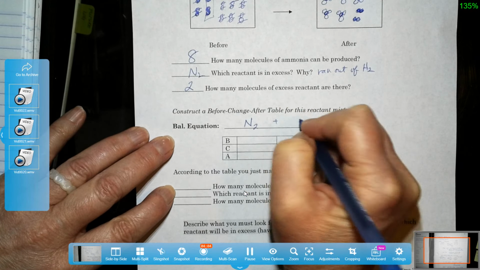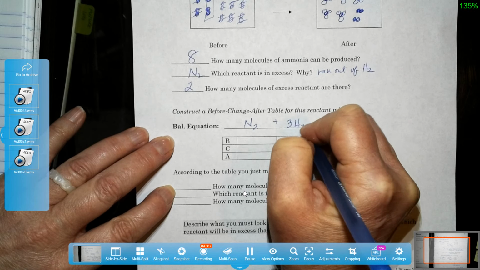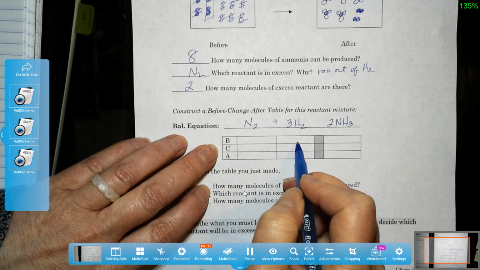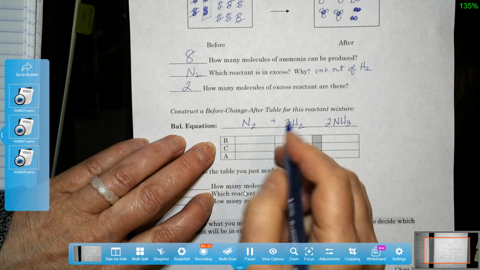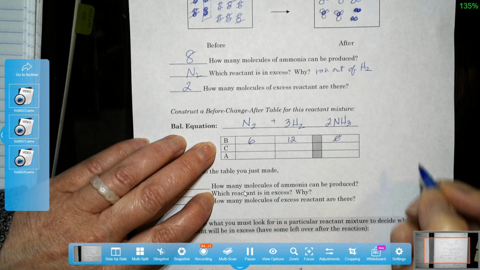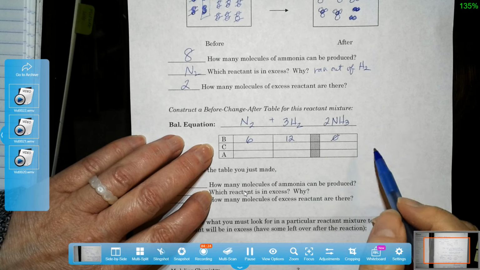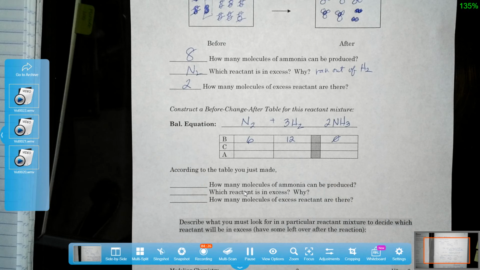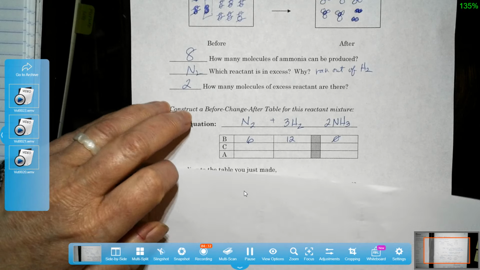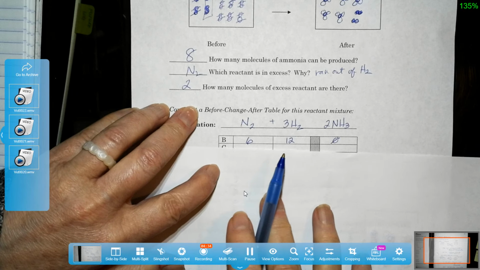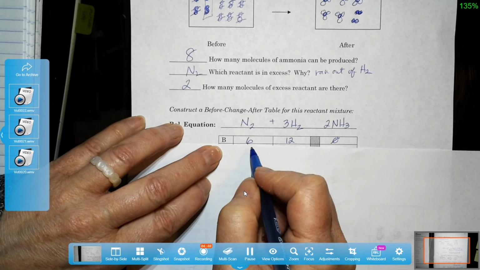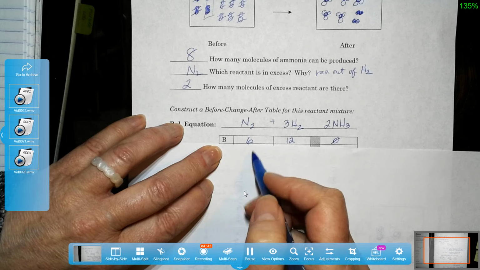Okay, so my balanced equation is here. And I'm writing my starting amounts, which were, we had 6 of these, and we had 12 of these, and none of this in the beginning. Okay, so let's pretend that we think that nitrogen is our limiting reactant.